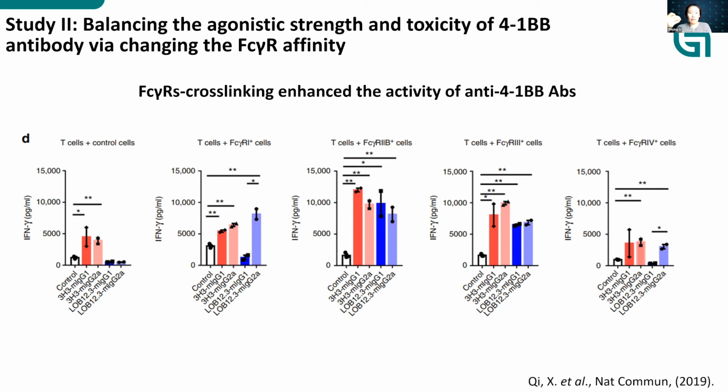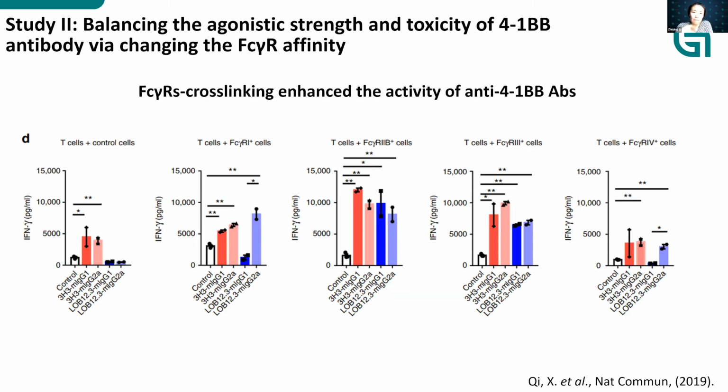The other cell is transfected with different subtypes of FcgRs, so that when they provide an antibody, they can look at whether the binding of the antibody to the FcgR on the co-cultured cell, and also the binding of the antibody to the CD137 on the T cell, can lead to interferon gamma release, which is a readout of overactivation of T cell, the adverse effect of T cell activation.